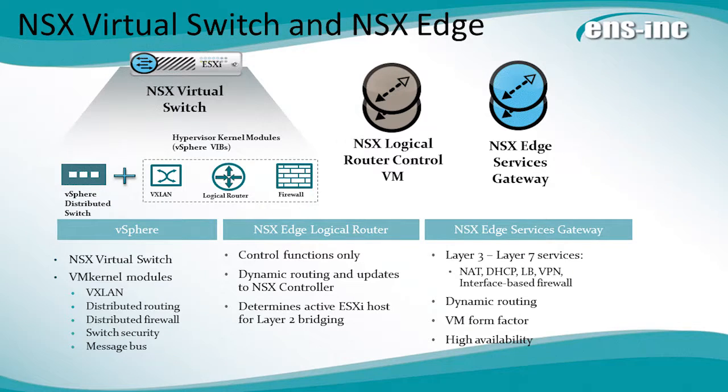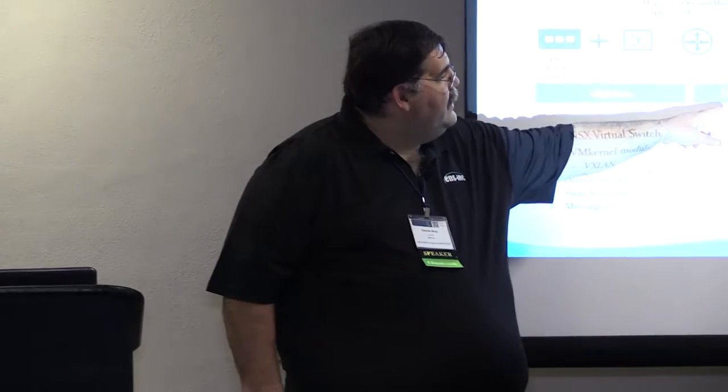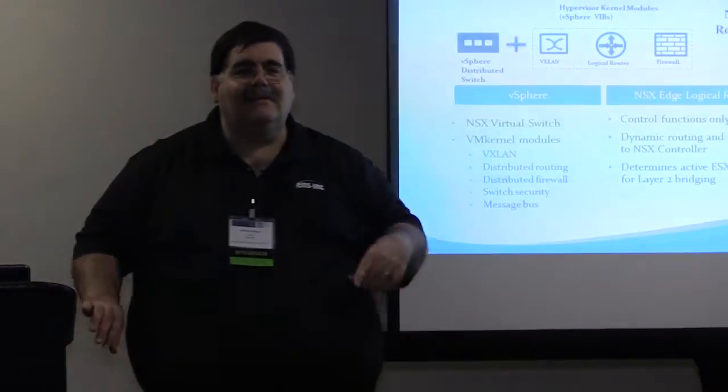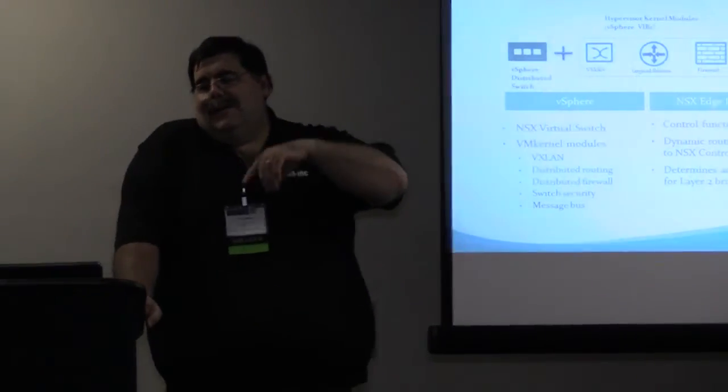Trying to get to the demo so you can actually see it work. I mentioned the virtual switch already. Talked about the NSX edge. I went to change the slide, so it didn't say edge logical router. It said distributed logical router. I left it because in the actual interface, it's kind of annoying. When you go to deploy a distributed logical router in your environment, it asks you, do you want to deploy an edge?